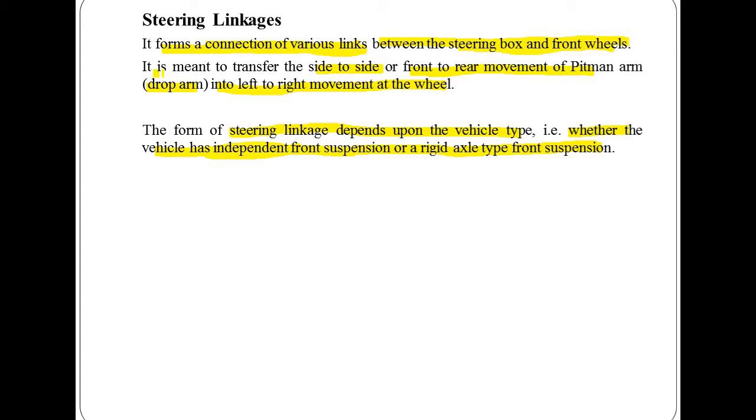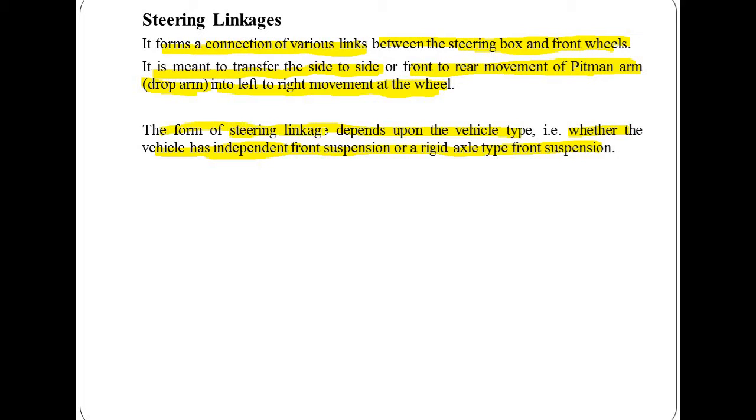It is meant to transfer the side to side or front to rear movement of the pitman arm, also called the drop arm, into left to right movement of the wheel. So different types of linkage systems and components are there. We will discuss the drop arm or pitman arm and a number of different linkages in the coming slides.